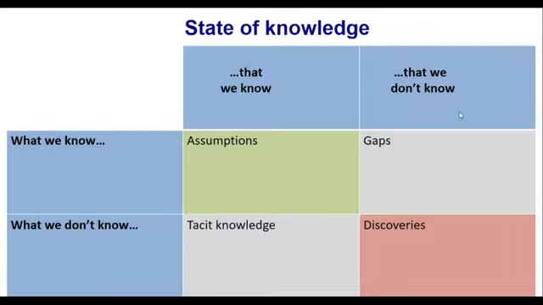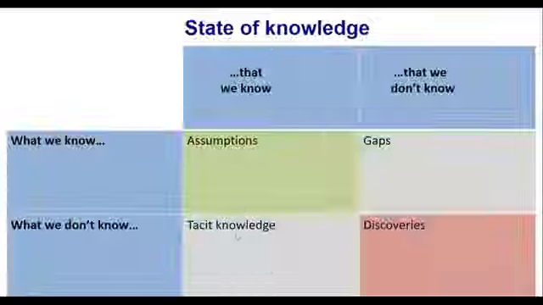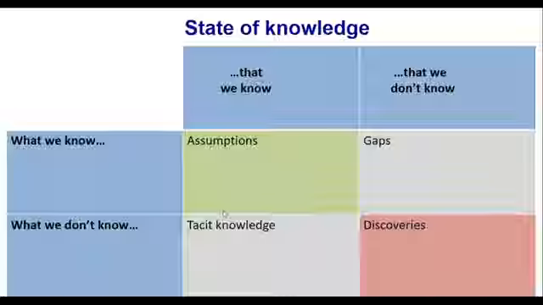What we know that we don't know: I know that I'm a terrible mechanic, so I take my car to the mechanic, he fixes it, it's great. What we don't know that we know, this one's a little bit complicated and it takes a little while to get your head around, but we'll put it into a framework within a pest management business sense. It's hopefully practical. And then what we don't know that we don't know. And these are the things that rear their ugly head and you go, oh, oops.